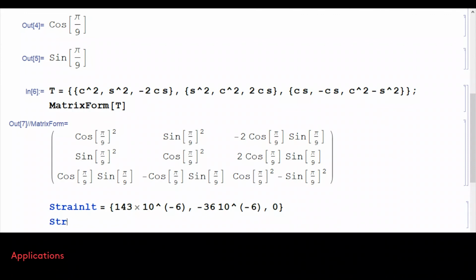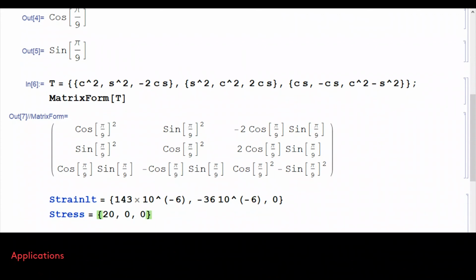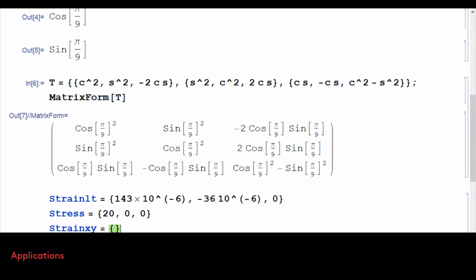Now I have the stress value for this measurement. So remember that it is 20, 0 and 0. So sigma L is 20 megapascals. Sigma transverse, so the stress in the transverse direction, is 0, and moreover shear stress is 0 as well. Now I have the strain XY, which is measured when the fibers make an angle of 20 degrees with the coordinate system.